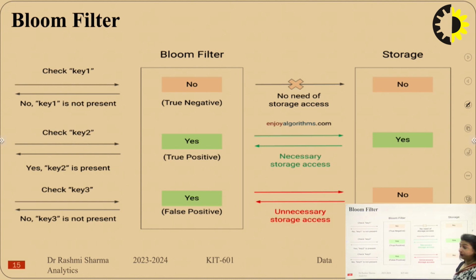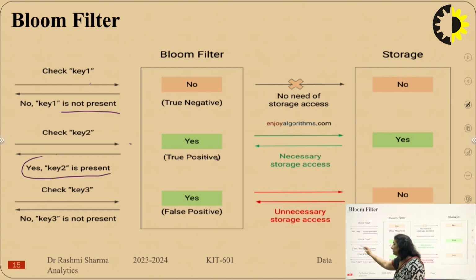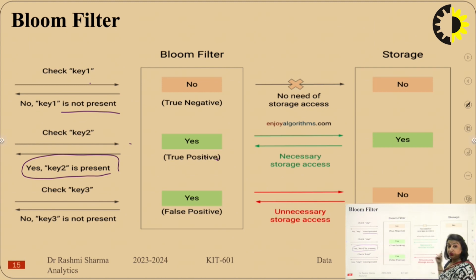So how this particular algorithm works is, I have to check for key 1, and it checks no, it doesn't exist, then definitely this key doesn't exist. For key 2, I check from my storage, and it tells that it may exist, and it actually exists, so it is a true positive.